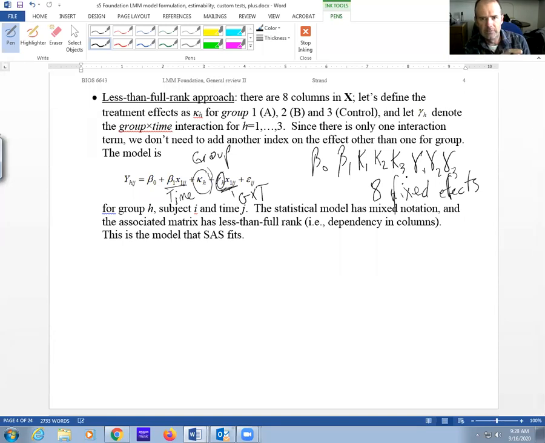And so this is a less than full rank model. And eventually we need a way to deal with that linear dependency. But in this model, we've actually written a parameter for all of the potential values for those class variables. Okay, and you'll see that.